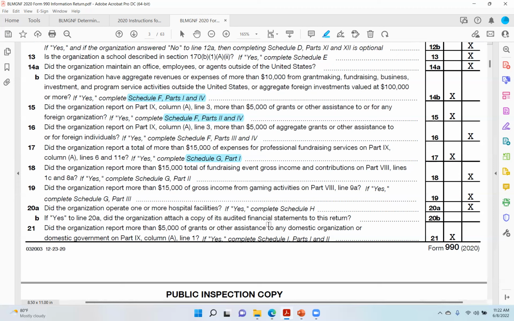20A, did the organization operate one or more hospital facilities? That would be no. And so 20A is no, so 20B is also no, or they left that blank. So the last one, we're on the last one. 21, did the organization report more than $5,000 of grants or other assistance to any domestic organization or domestic government on Part 9, column A, line 1?